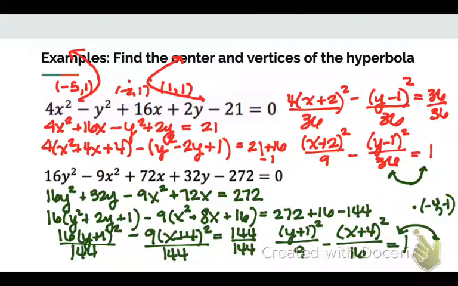So negative 4 is going to share the x value because the x value is not changing. Negative 1 plus 3 is going to put that vertex at 2. For the one down here, again, negative 4, and then I'm moving 3 in the other direction, so that's going to be negative 4.